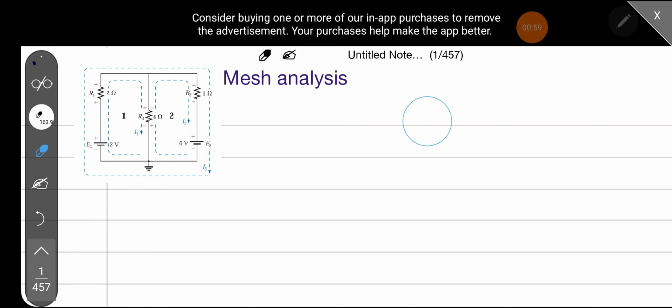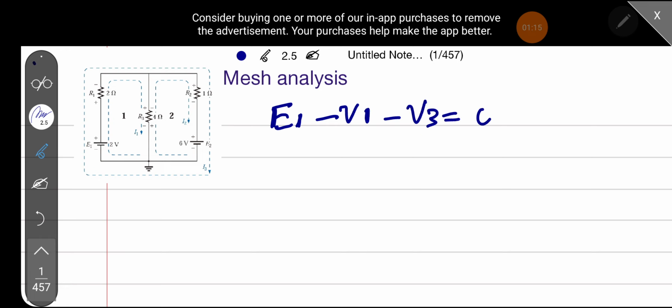Let's apply Kirchhoff voltage law in loop 1. According to Kirchhoff voltage law, E1 with a positive sign, V1 with a minus sign and V3 with a minus sign.